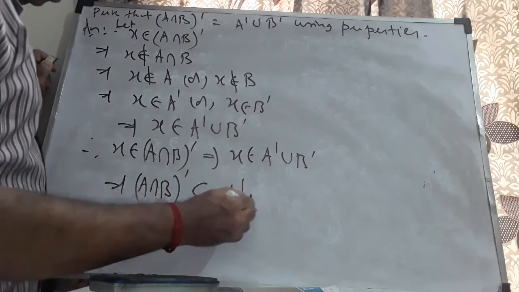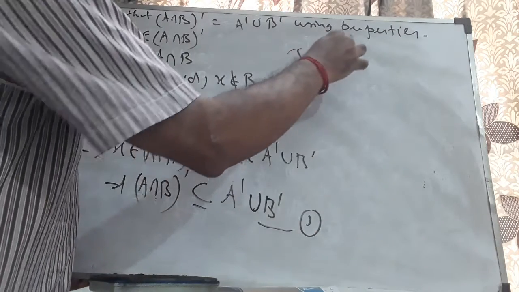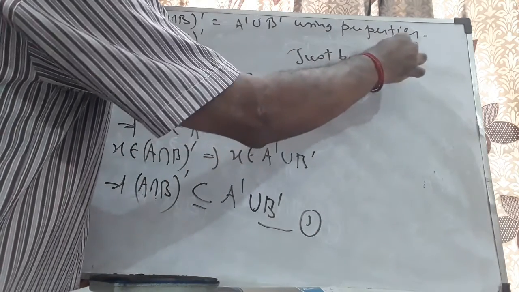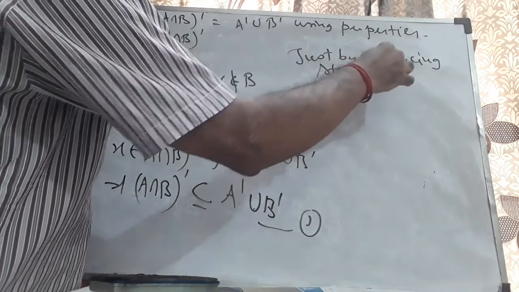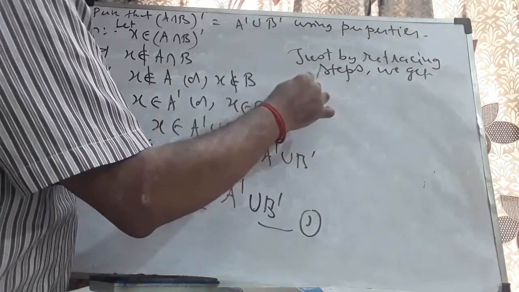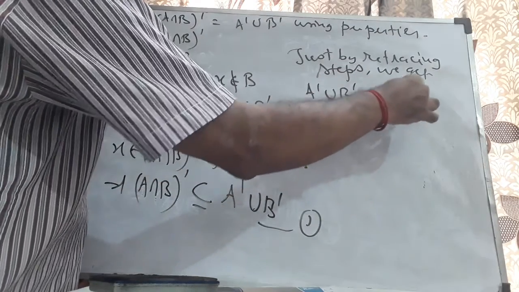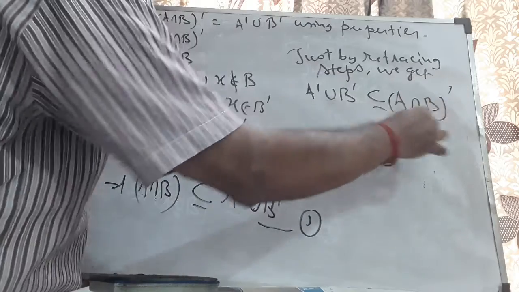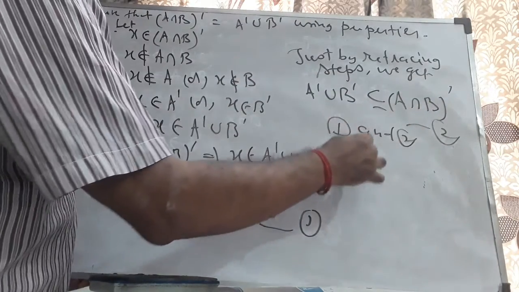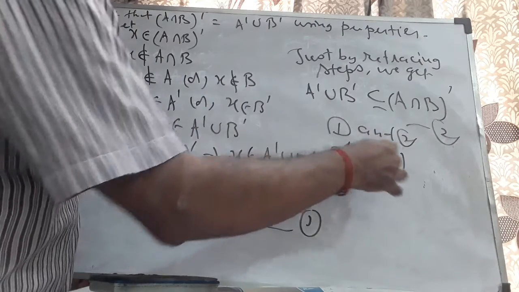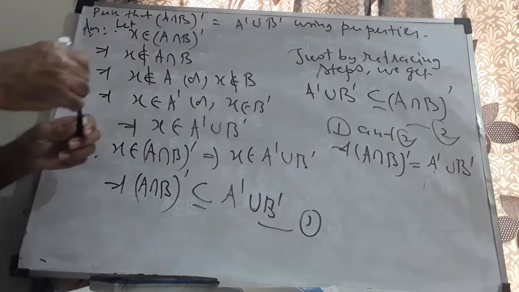Just by retracing the steps, we get A dash union B dash is a subset of (A intersection B) whole dash. 1 and 2 will imply (A intersection B) whole dash is equal to A dash union B dash.